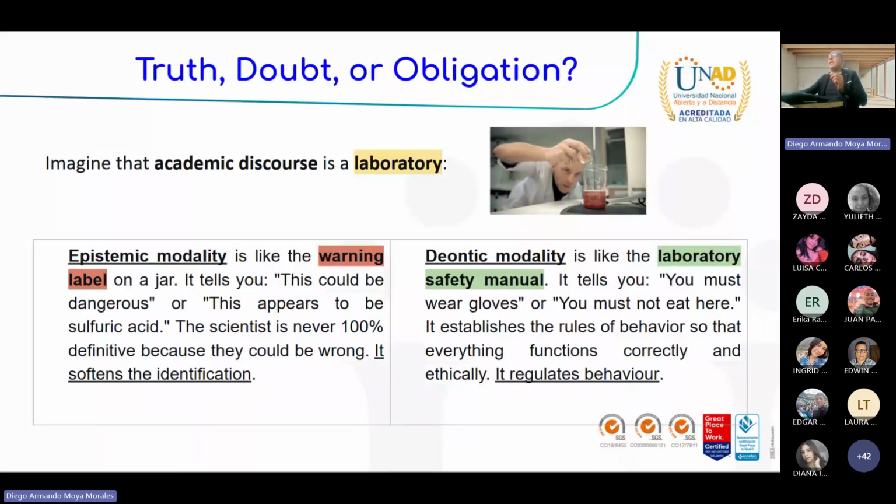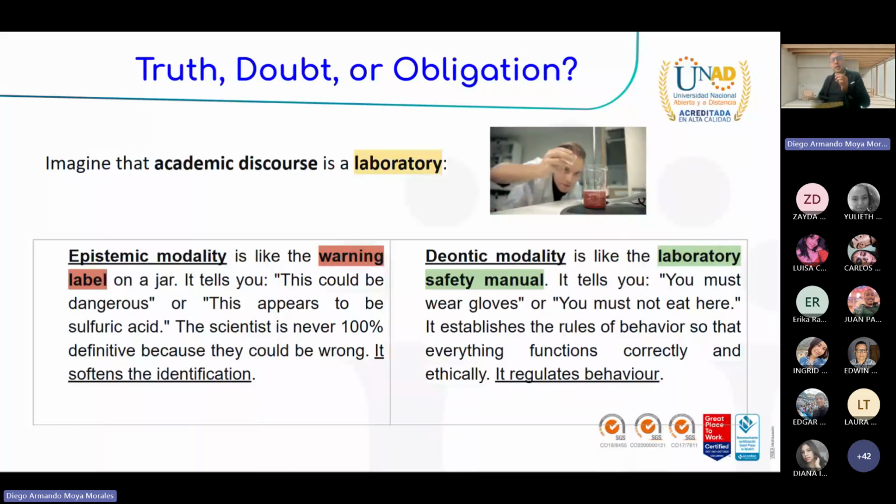So it definitely can go wrong if you do something with that. It softens the identification of the sentence or of the meaning in this case. So if you have a warning label on the jar, you say, okay, I know that this can be dangerous if I do something wrong.